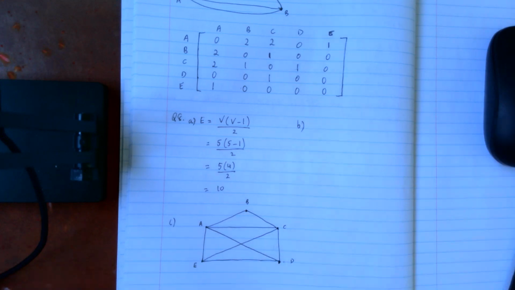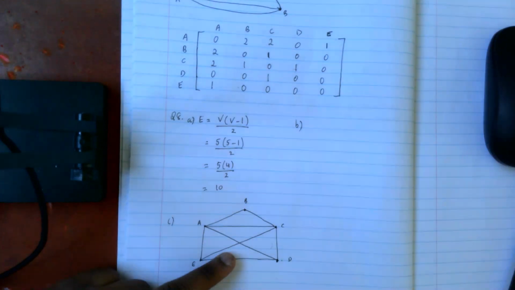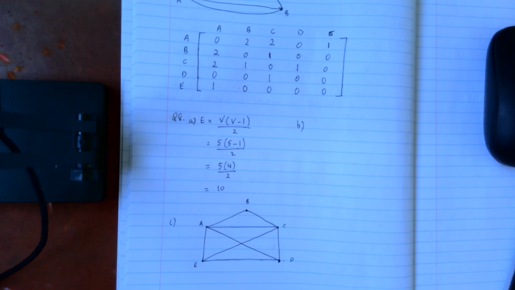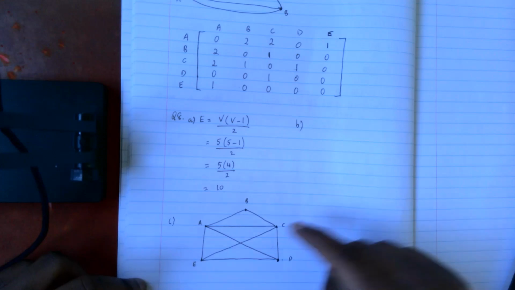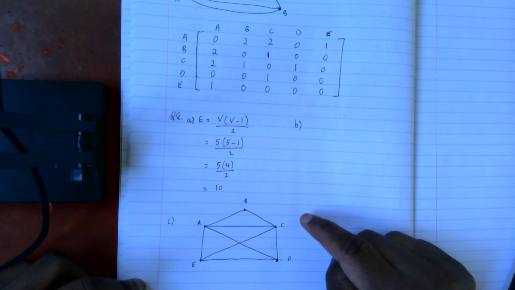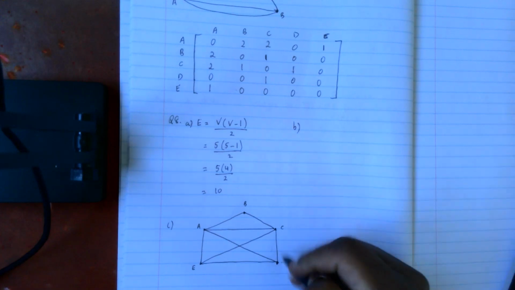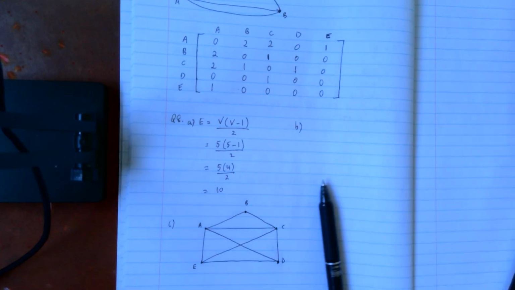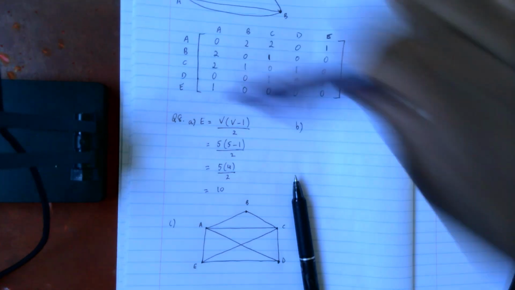And the question, can it be planar for part B? Well, can we take the crossing over lines and redraw them?